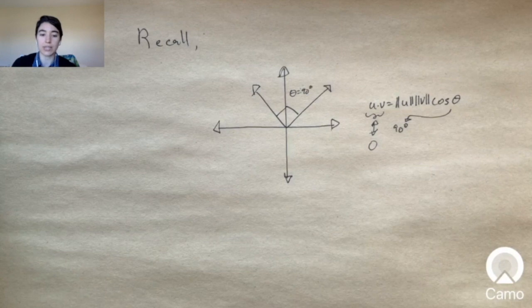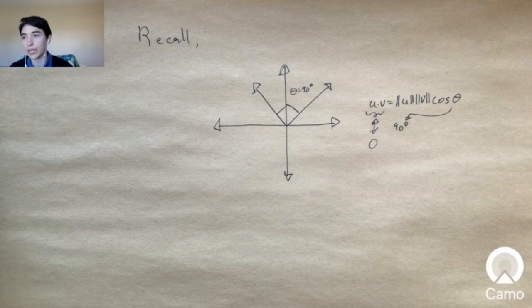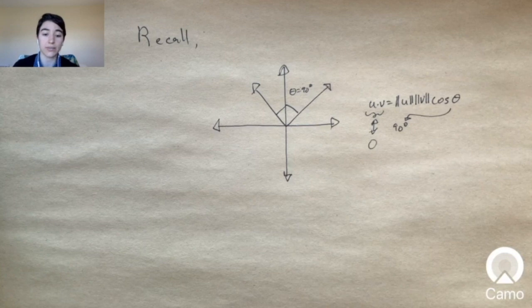In this case, because they are orthogonal, they can't describe each other's direction at all and give us 0 as the result. Because of this, if we ever want to tell if two vectors are orthogonal, we can calculate their dot product and see if the result is 0. So if we ever want to know if two vectors have a 90-degree angle between them, we can find their dot product, and if it's 0, cool, we have two orthogonal vectors.